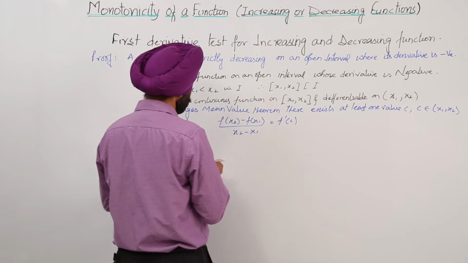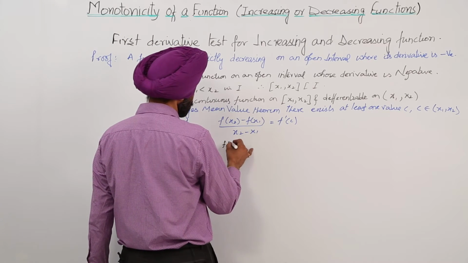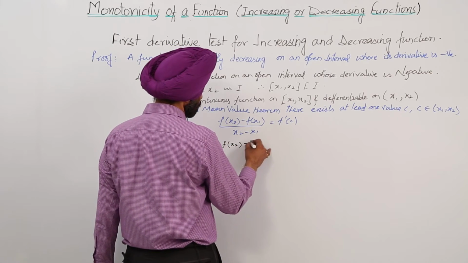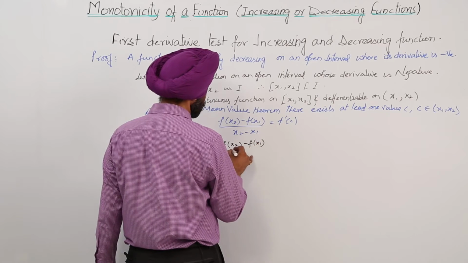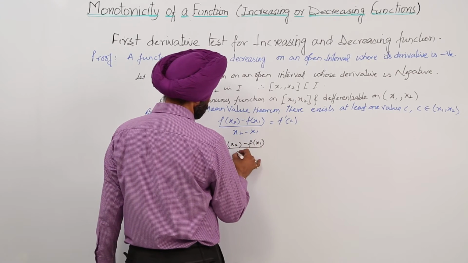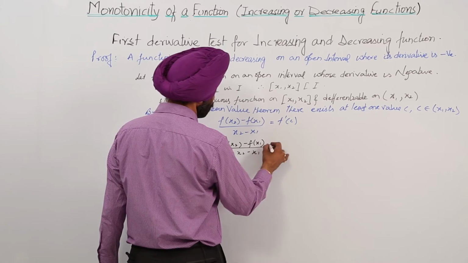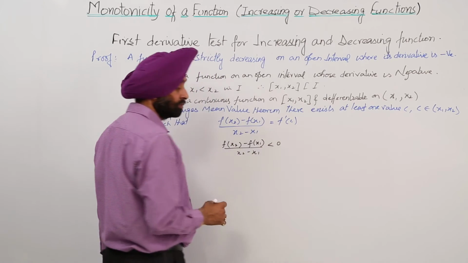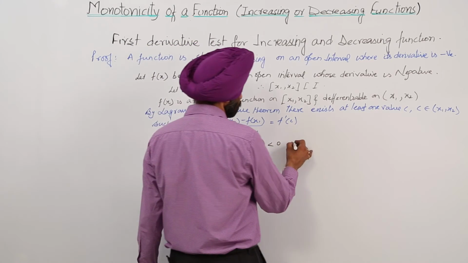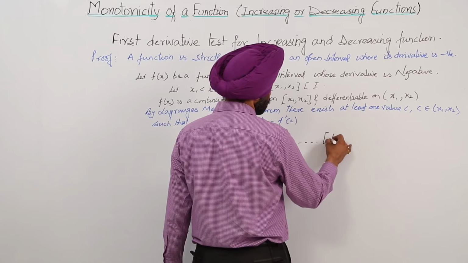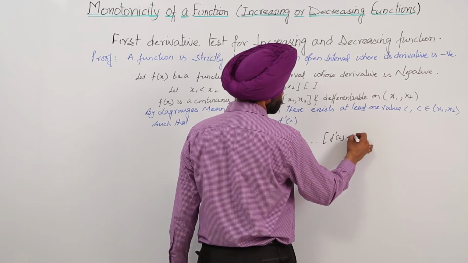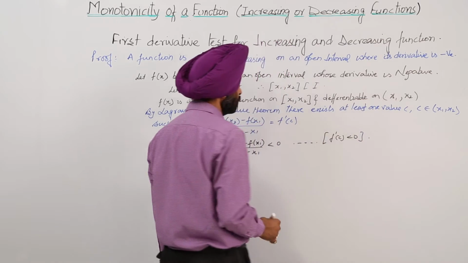Now we have the derivative part as negative, so we can write it is less than 0, because we are given that f'(C) is less than 0.